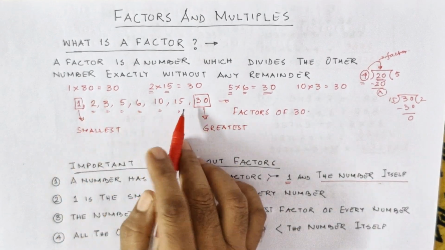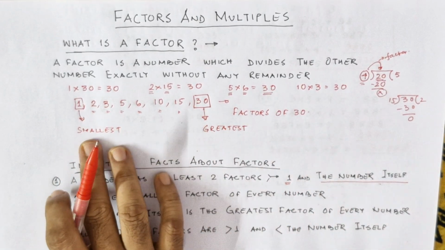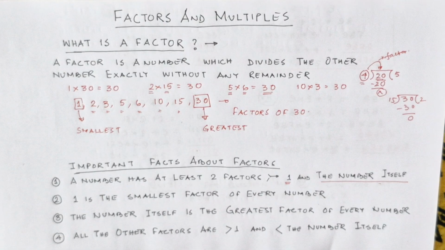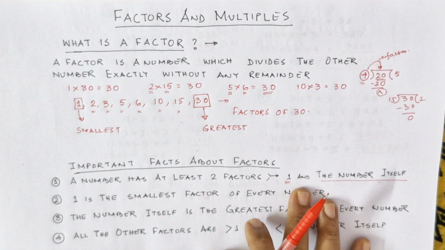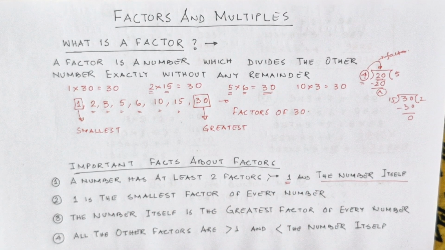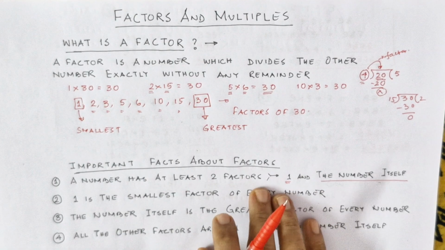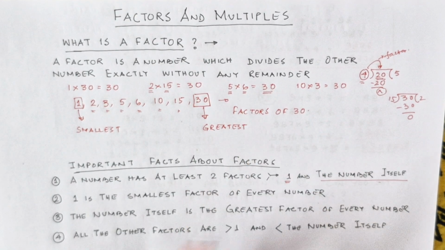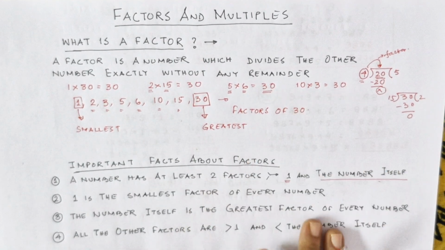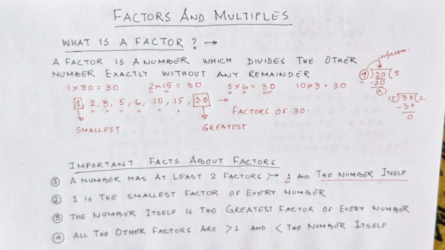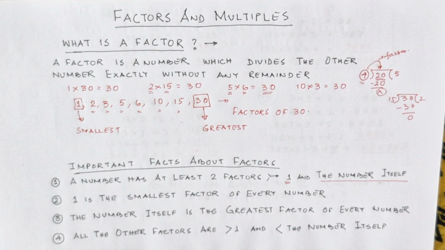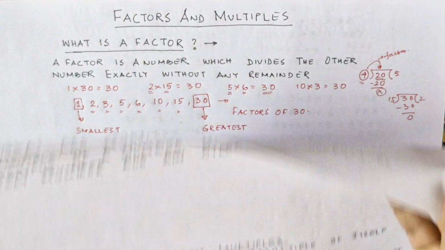So all other factors lie between the smallest and the greatest factor. Got it? So these are the important facts about the factors. If you want to take notes, pause the video and take a pen and paper. So this is the initial definition of factors and certain facts about factors.